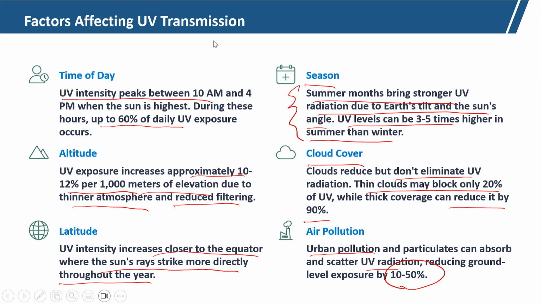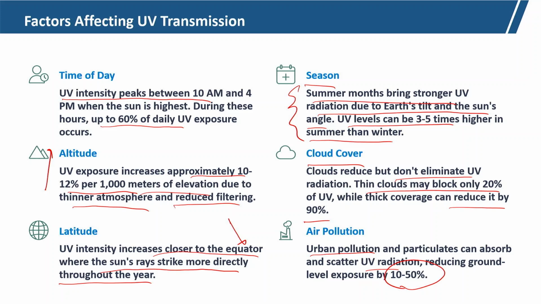Suppose in the daytime, around 12 p.m. at noon, we must wear clothing with a high UPF value. If we go to high altitude, we must select clothing with a high UPF value. If we go to the equator, we must have a higher UPF value.